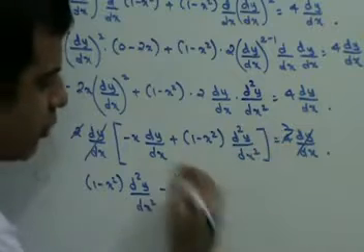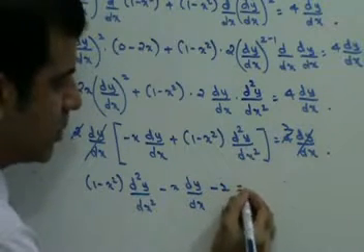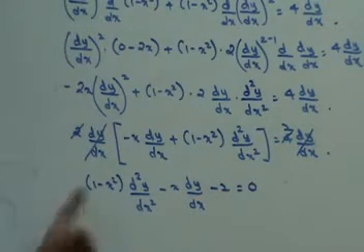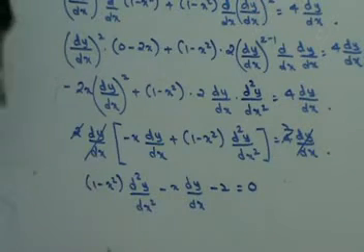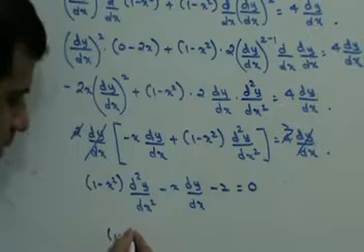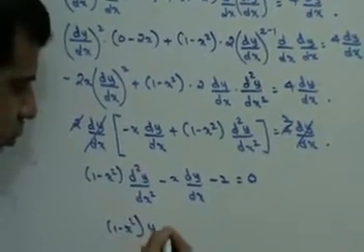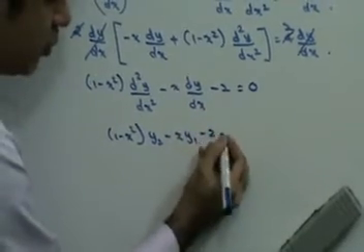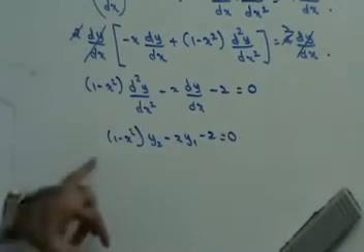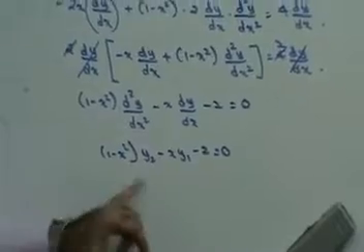Now this plus 2, when I bring it to the other side, will become −2, which is 0. Right in the beginning I explained that d²y/dx² is nothing but y₂, so (1 − x²)y₂ − xy₁ − 2 is 0, and I presume that's exactly what you had to do.